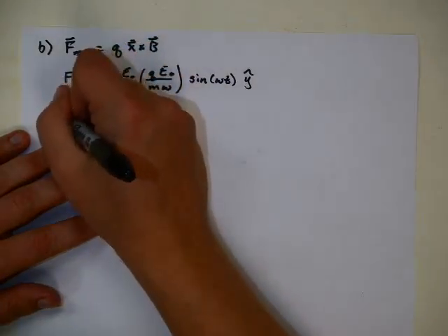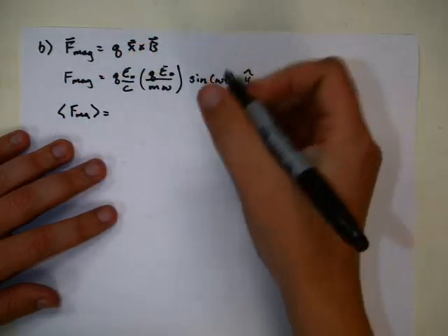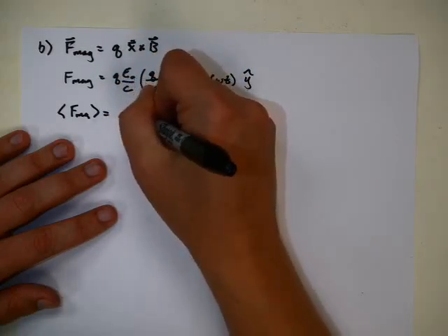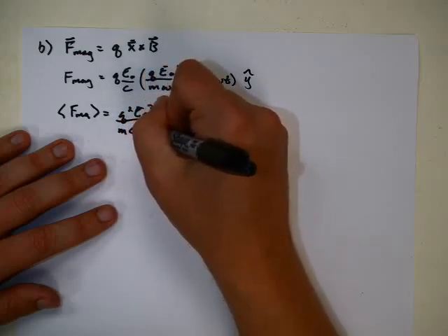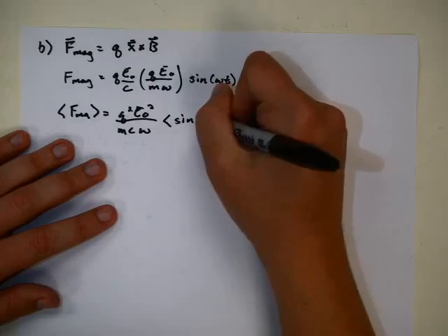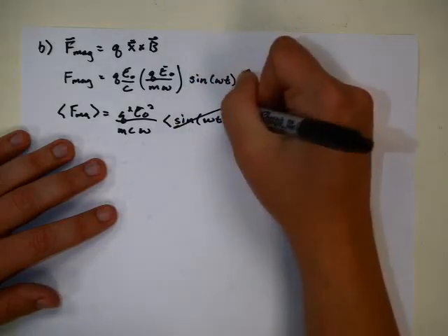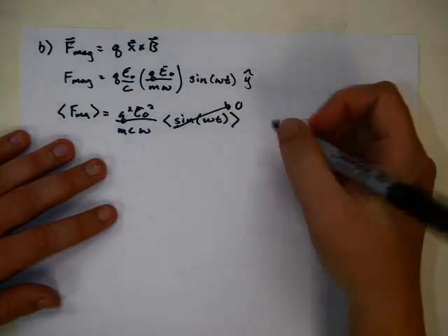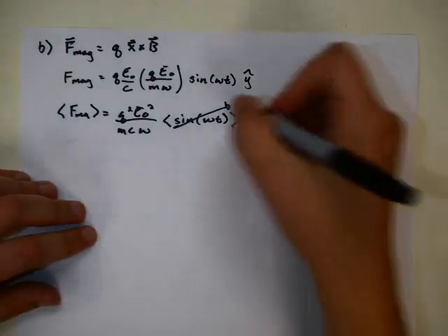And so the time average is going to be this, but the time average of the sine. So q squared E naught squared over m c omega, and the time average of the sine function. But a time average of a sine function is 0. It's above the line as much as it is below the line, so the time average of the magnetic force is 0 in this case.